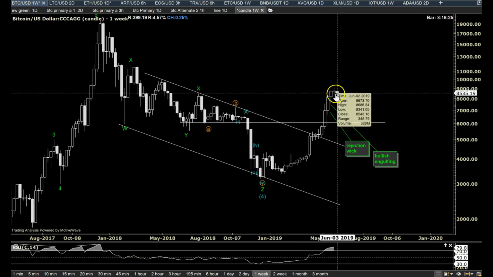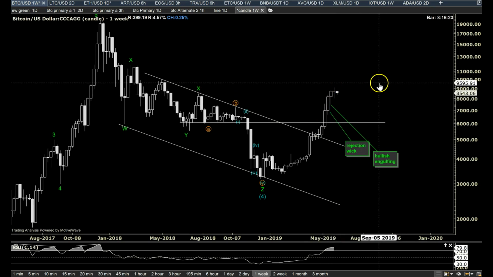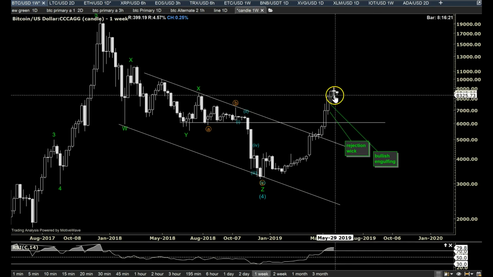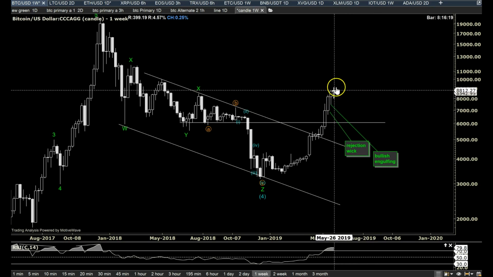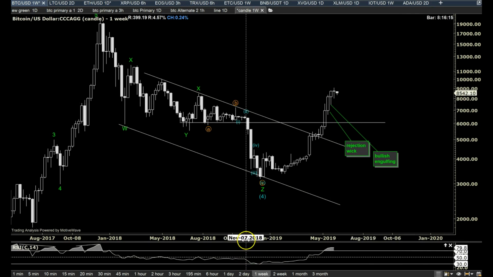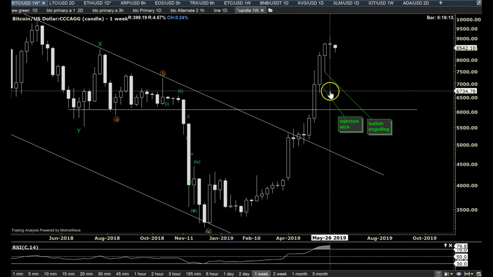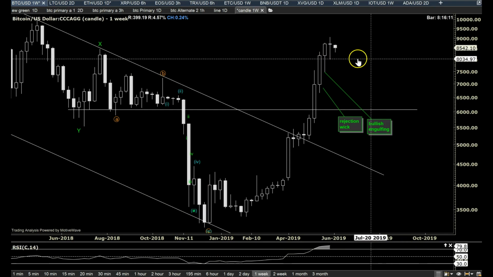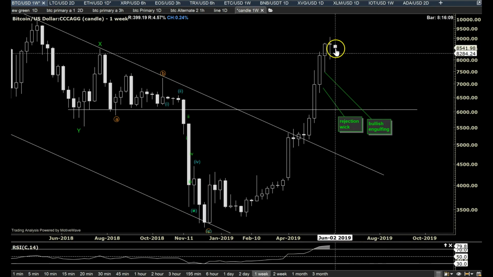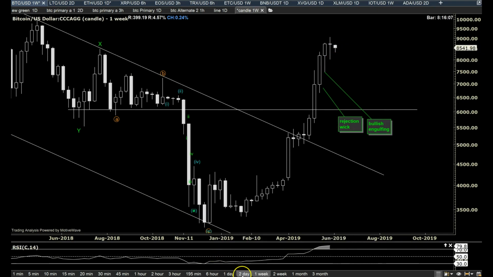After this one, the next one is almost like a hanging man, or however they call that, and then we follow by this doji up here. If we make this a little bit bigger, you can kind of see it. So right now we're supposed to get a black candle on here, and that would be more indication that the market is about to reverse.